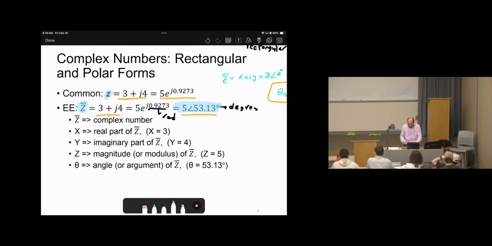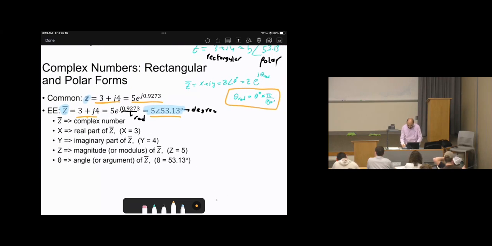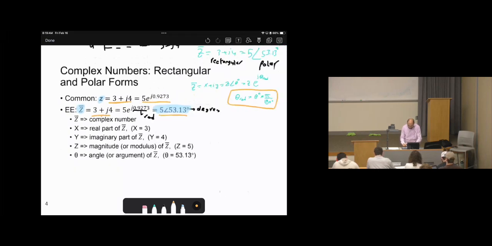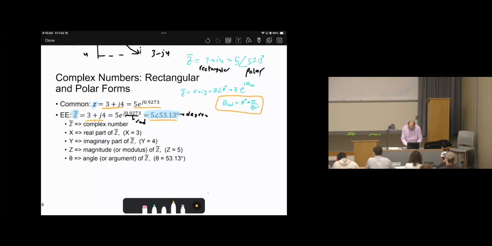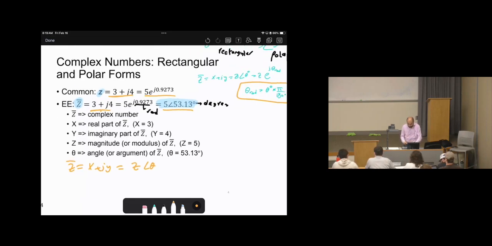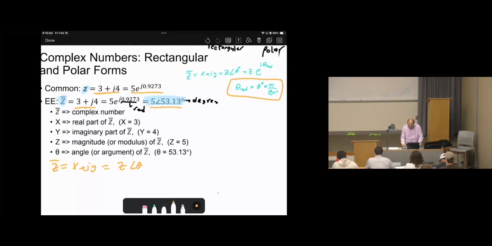Since we have z bar equal x plus jy, which is z angle theta, every quantity we will call by its own name. Z bar with the bar means a complex number.